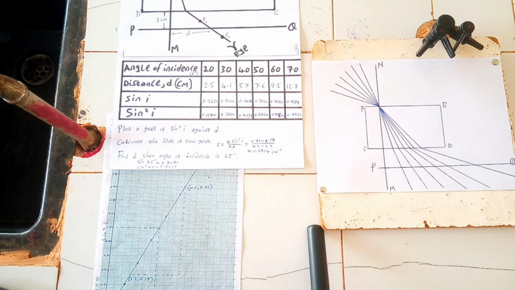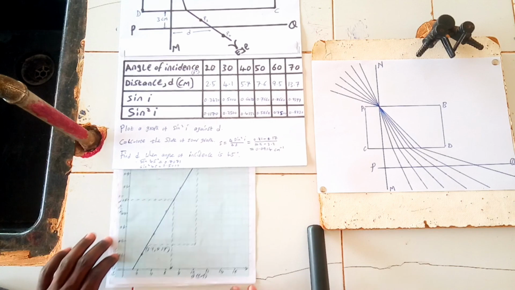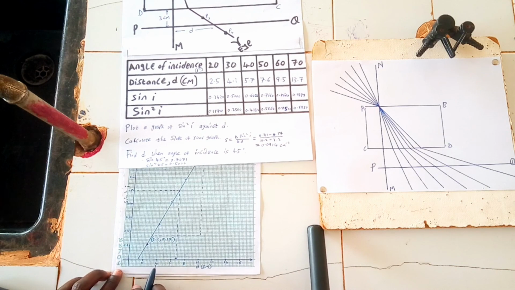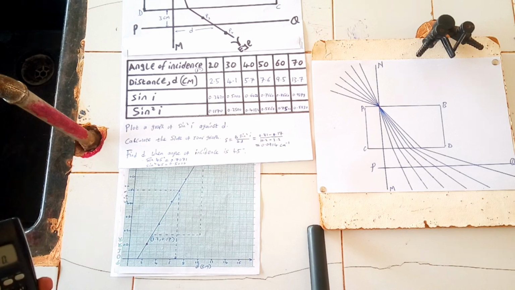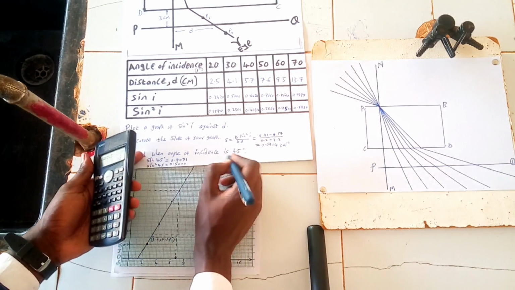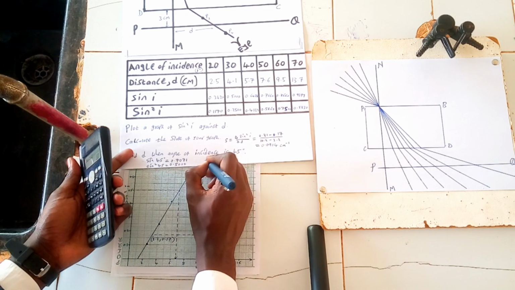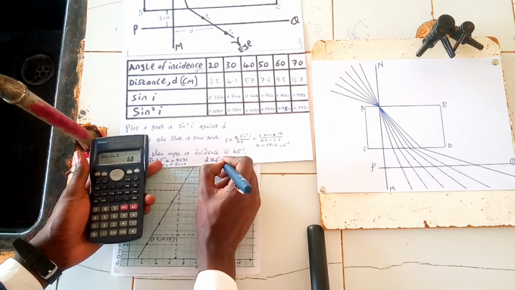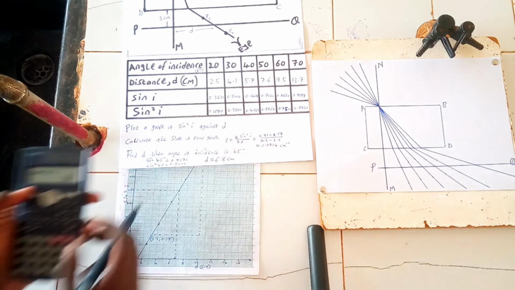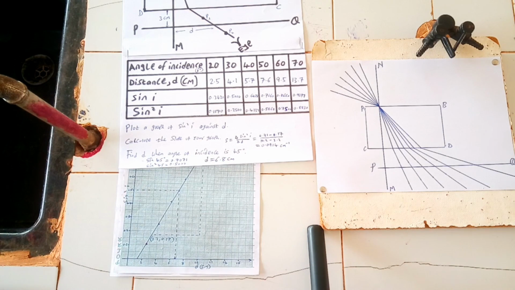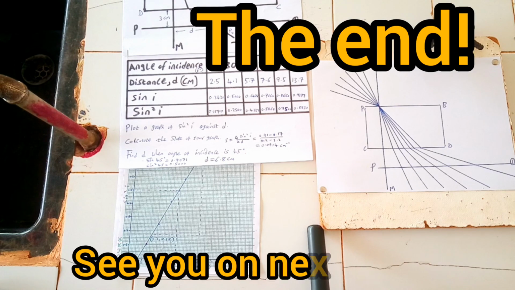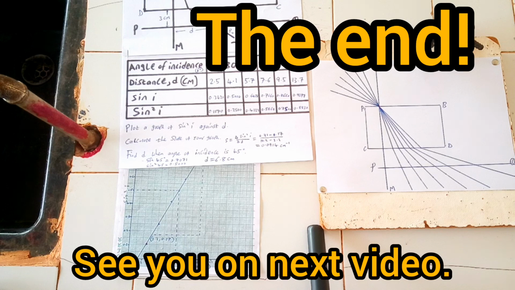We drop down there. So that means now what we have, these are 10, 20, 30, 34. So we have 34 times 0.2, which is 6.8. So d is 6.8 centimeters. So viewers, that is how we solve that practical, and that marks the end of that comprehensive practical. I wish you all the best.